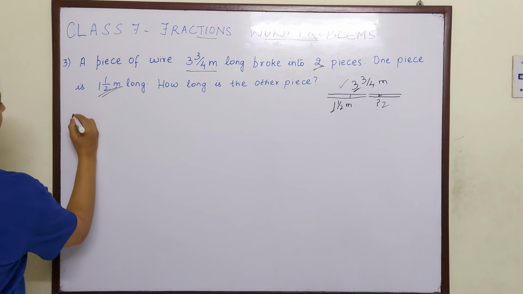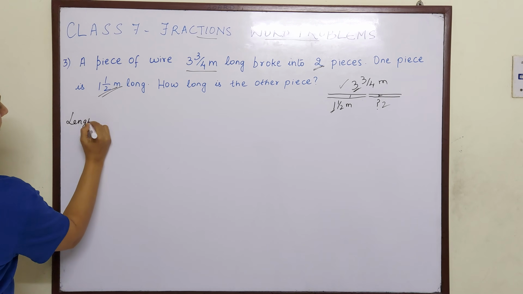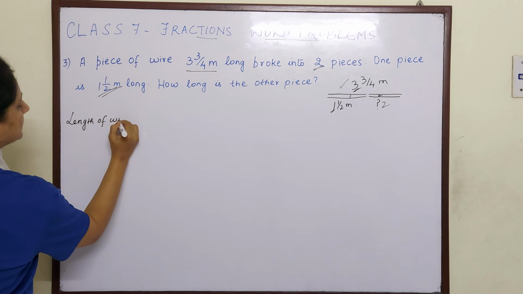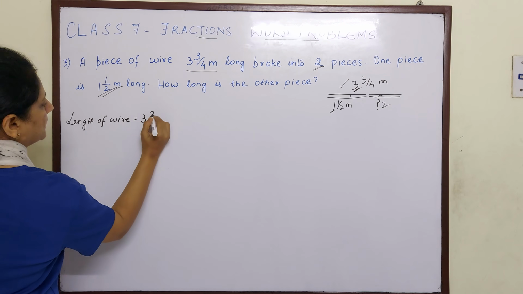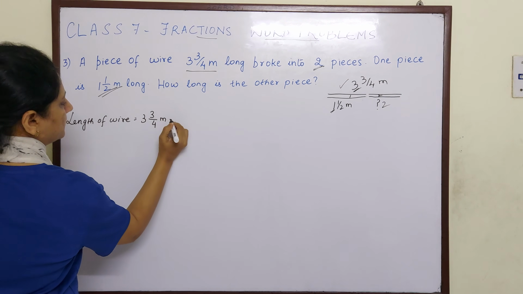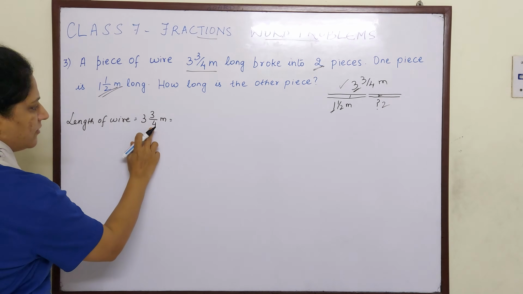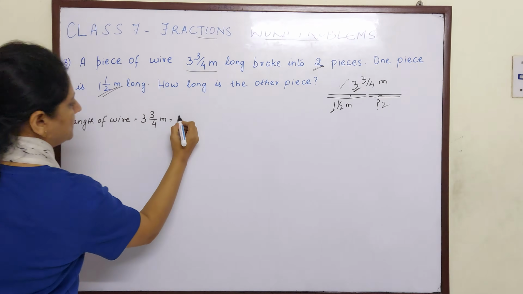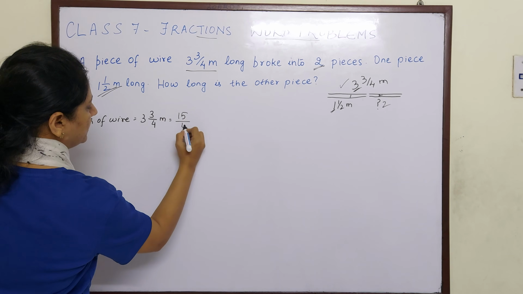So let us write length of wire equal to 3 3/4 meter. Now let us convert this into an improper fraction. 4 3s are 12, 12 plus 3, 15 by 4 meter.